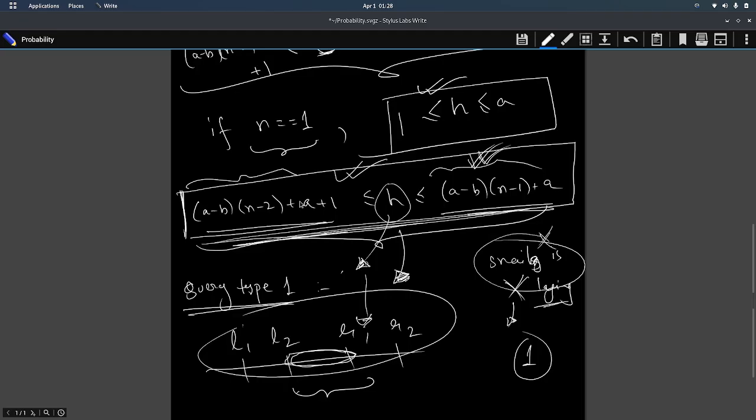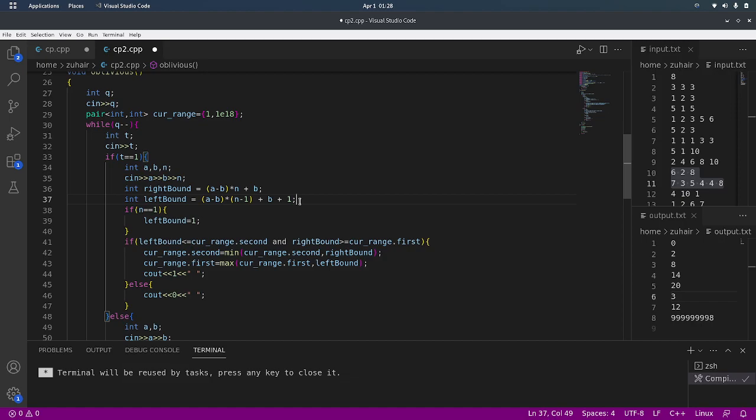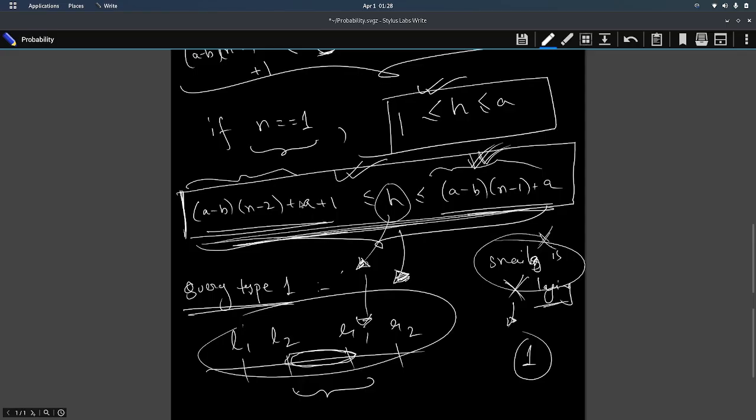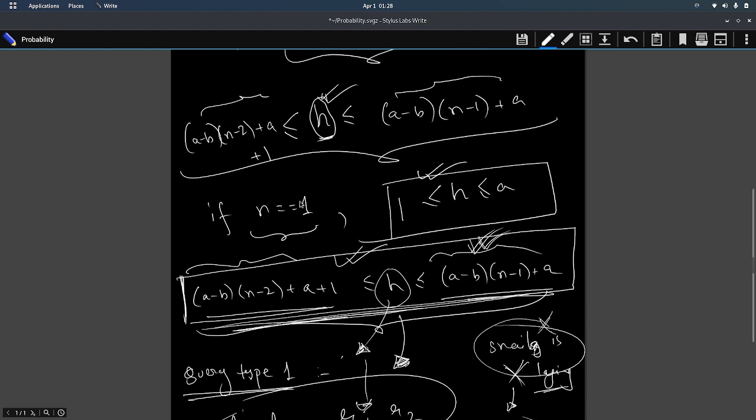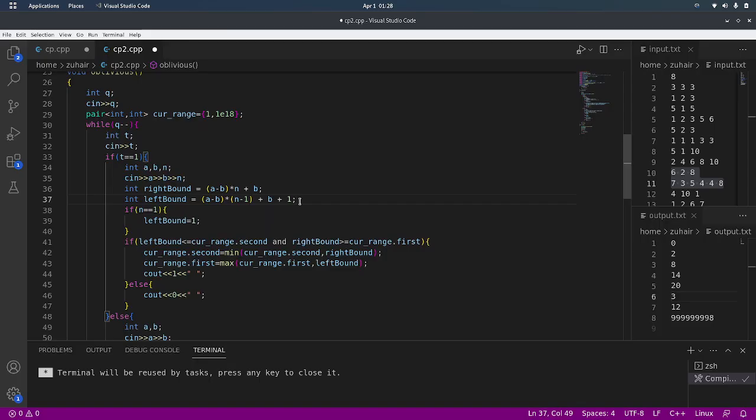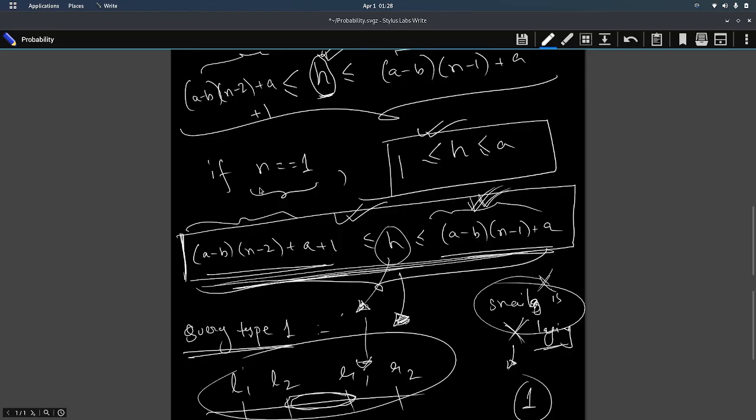The left bound is this and the right bound is this. So the right bound is (a minus b) into n plus b.